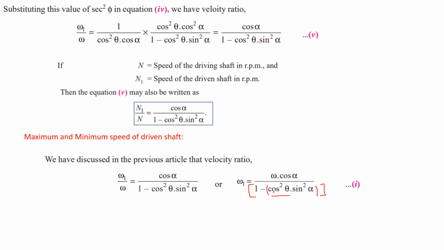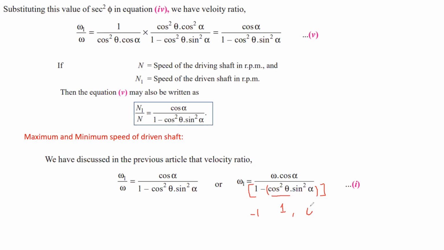So what is the maximum value of cos theta? Maximum value of cos theta is 1, and minimum value of cos theta is -1. So let us consider the maximum value of cos theta is 1. At what angle is this value 1?